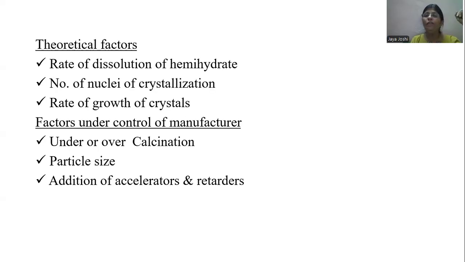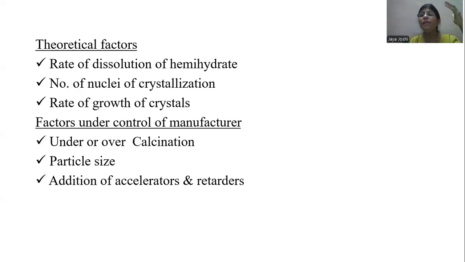Now, theoretical factors. These are mainly based on the theory of dissolution precipitation. According to these factors, number one, if the rate of dissolution of hemihydrate increases, automatically the rate of reaction will increase and the setting time will decrease.